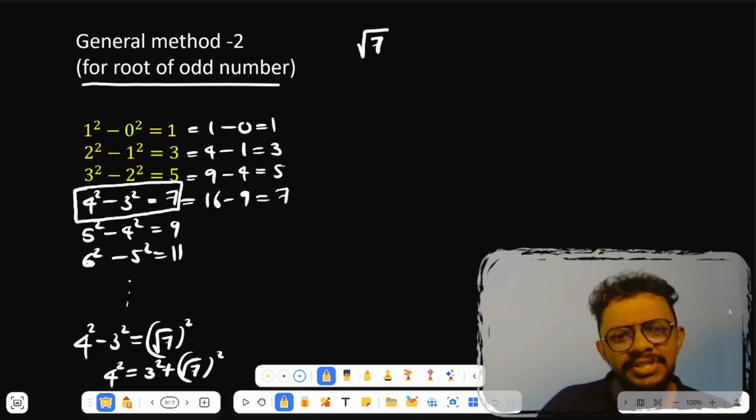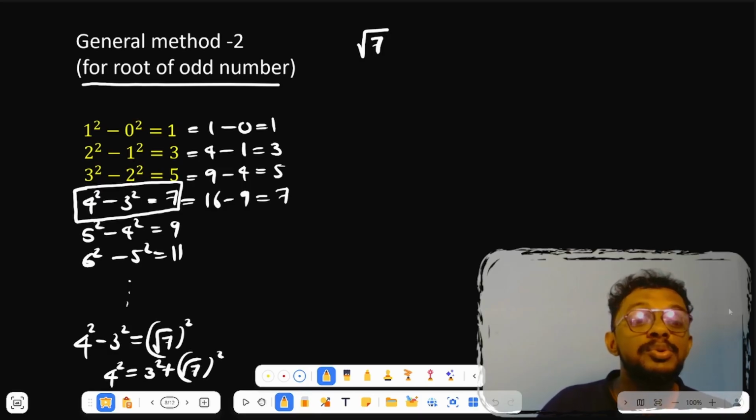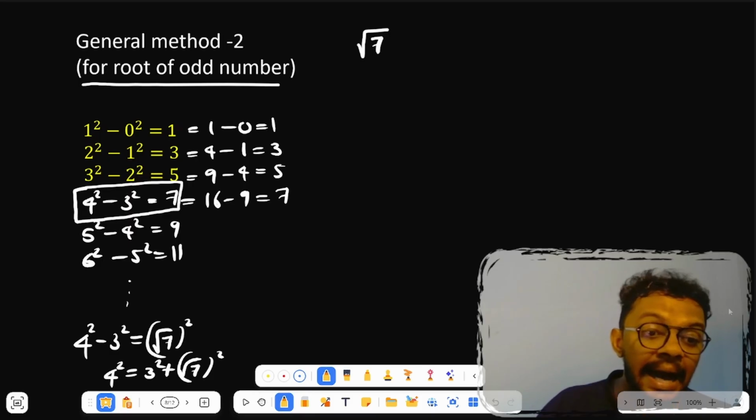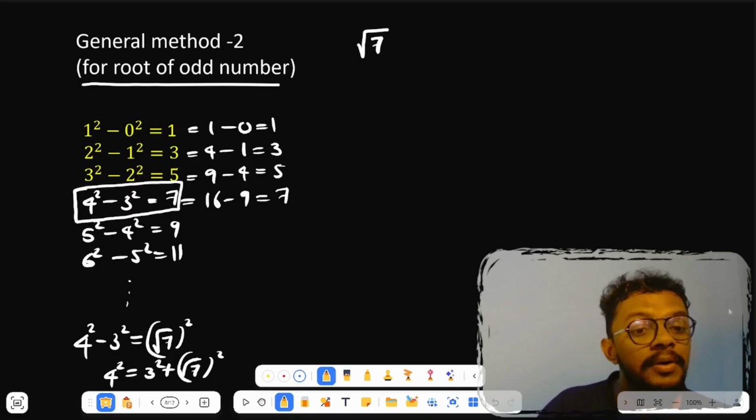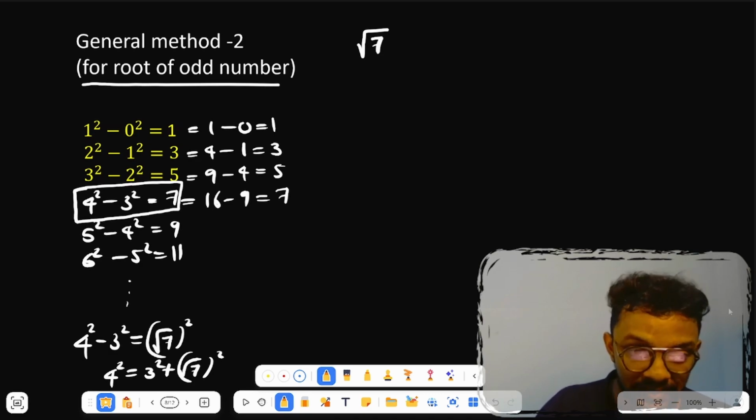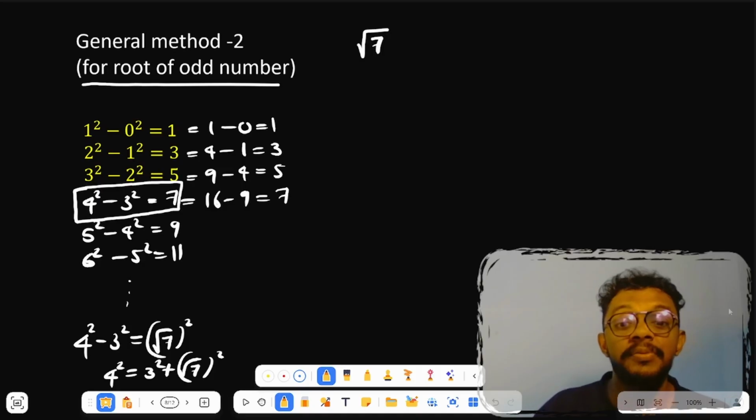Once again, maybe you are wondering how I can use this to draw an irrational number root 7. Point is, if I have a right angled triangle with base 3 and hypotenuse 4, then automatically the altitude will be root 7. You didn't get it, right? Okay, I'm drawing a figure.